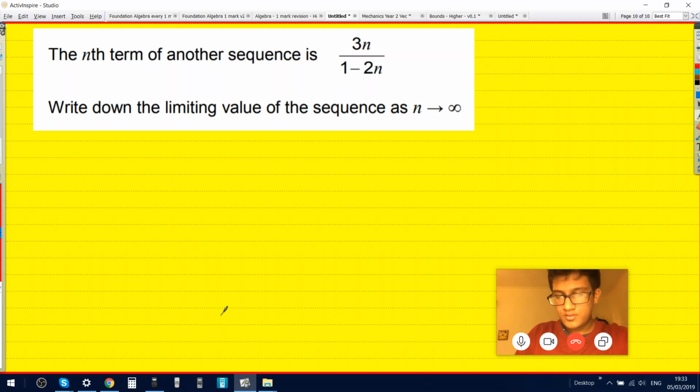I think it would be over minus 2n. Oh yeah, sorry. So then, yeah, over minus 2n. So you could write that as minus 3n over 2n, I think. And then that tends towards minus 1.5n. Is that the final answer? The n's cancel. Oh, sorry, yeah. So you got just minus 1.5.